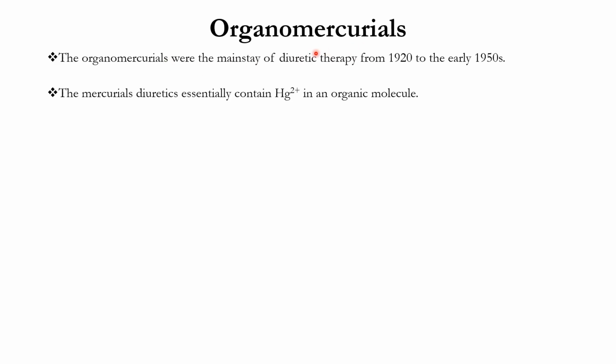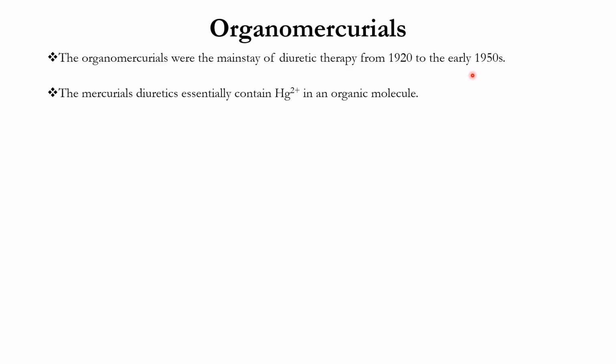Now let's see the organomercurials. The organomercurials, as the name indicates, contain organic molecules and also contain mercury, so the name organomercurials was given. These were agents predominantly used as diuretic therapy from 1920 to the early 1950s.